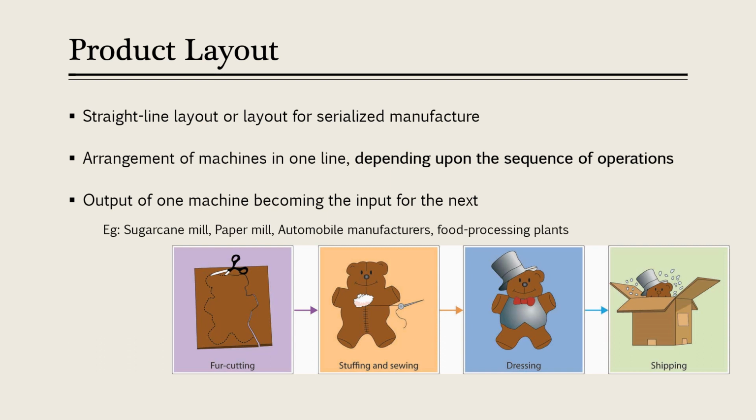Finally, the dressed teddy bear will be transferred to the packing section for shipping. So you can see the output of one machine or process becomes the input for the next, and it goes on a straight line. So there is a serialized sequence in the manufacturing process of the product layout.